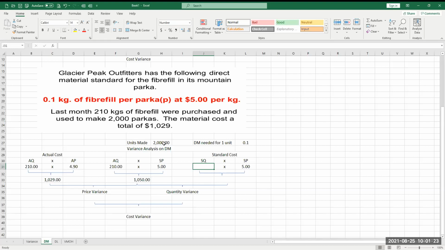Yes, multiplication. That will be equal to 2,000 units times 0.1.